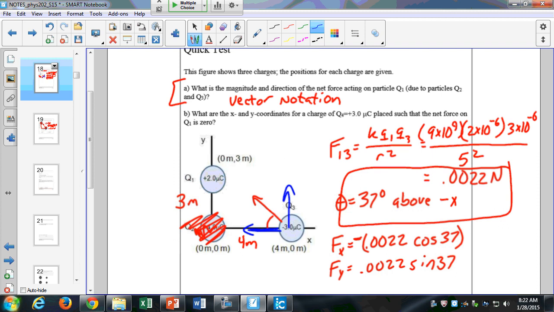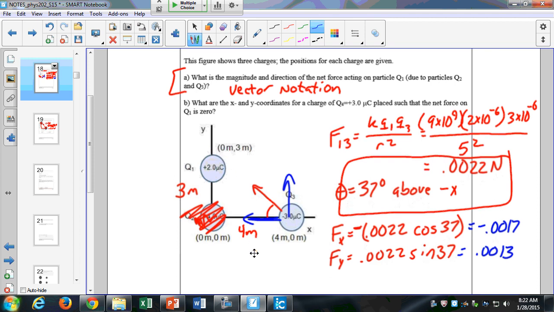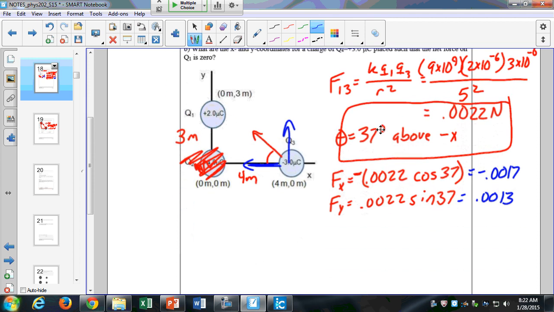The y component's in that direction. All right. Have agreement? At least one person on it? Yeah, that looks good. All right, so that's your x and y components.